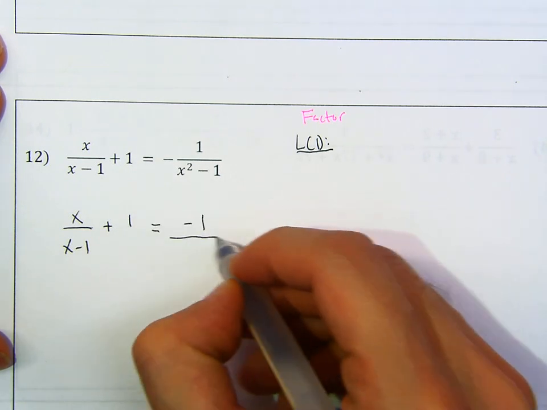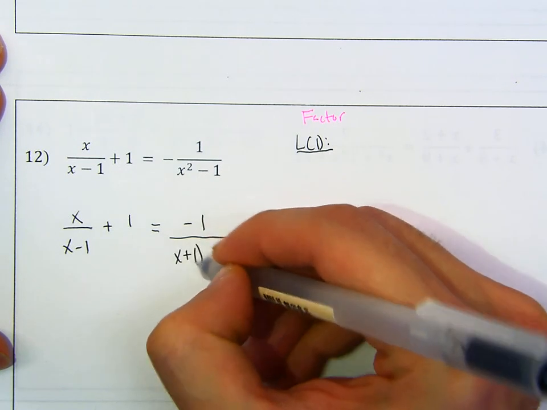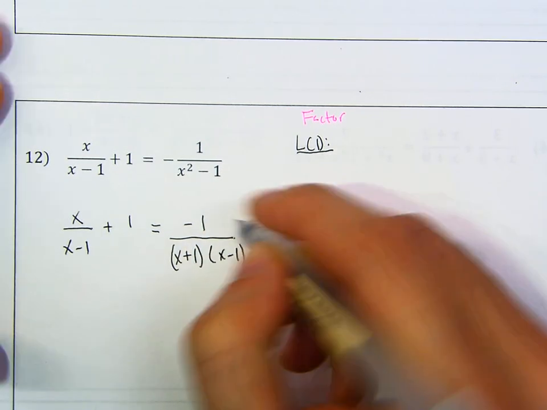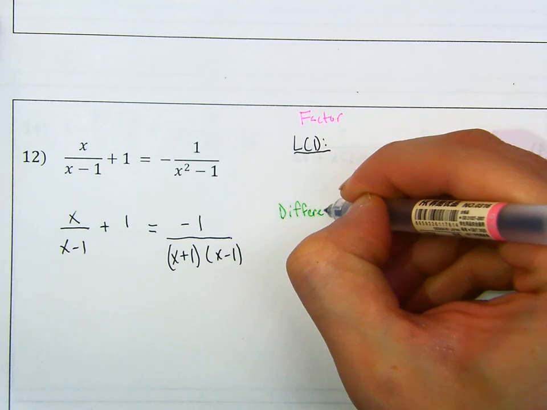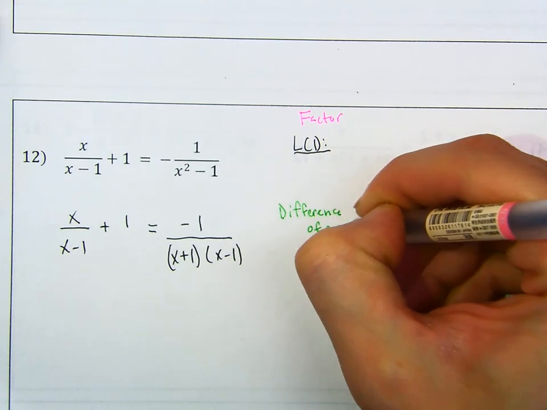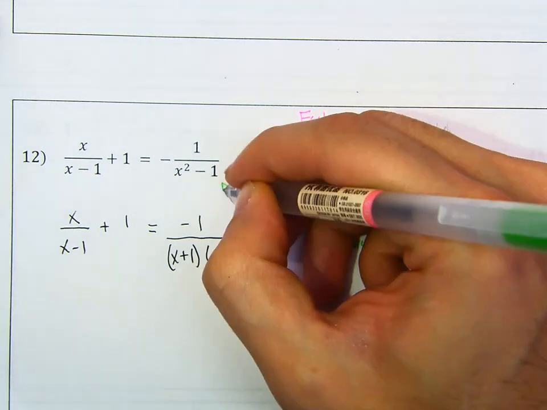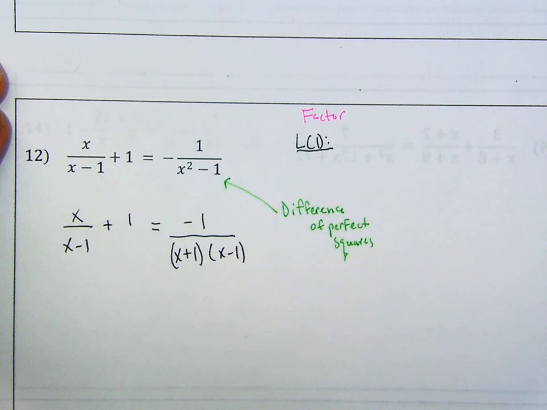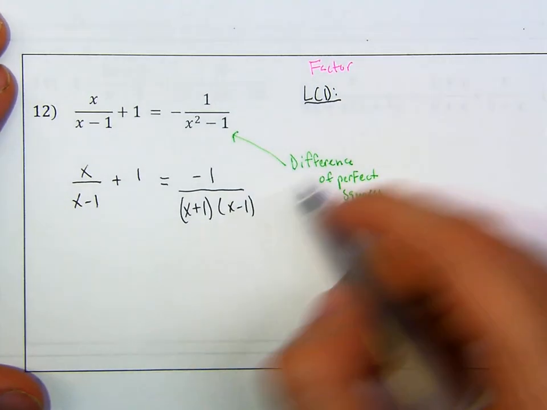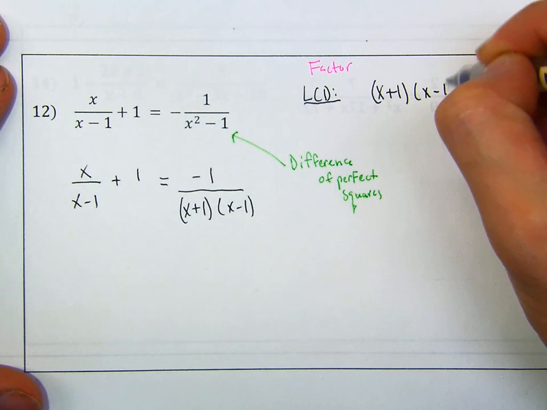You have to take your time and remember your factoring techniques, but this is a difference of perfect squares. So the way this factors, it's x plus 1, x minus 1. So now you know that the least common denominator is x plus 1, x minus 1.